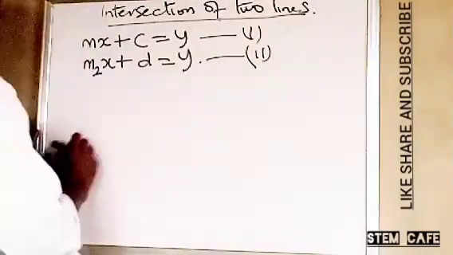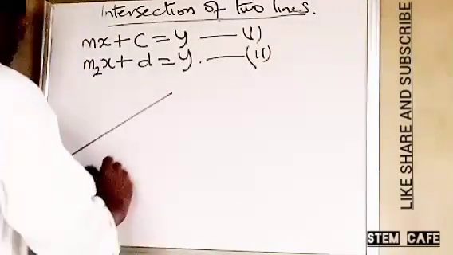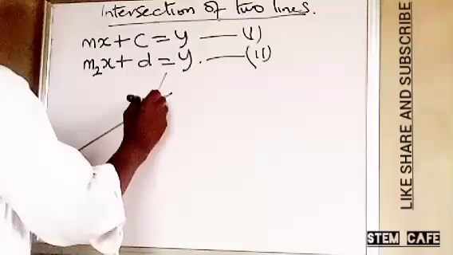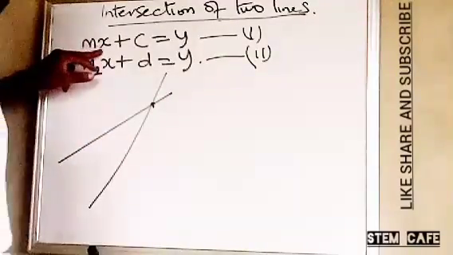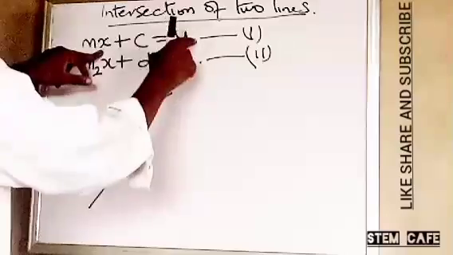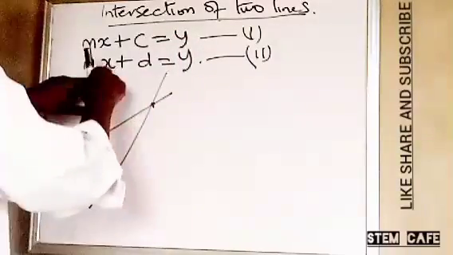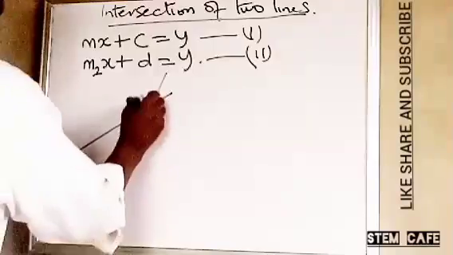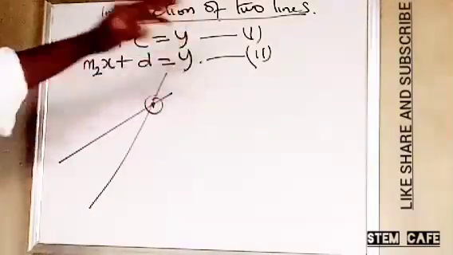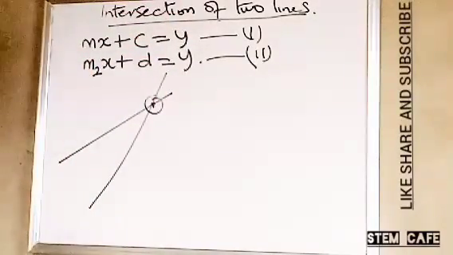If this is line 1 and this is line 2, it means that at the point of intersection they will meet at a point which satisfies this equation and satisfies this equation at the same time. So how do you find this point? We solve using our simultaneous equation knowledge.